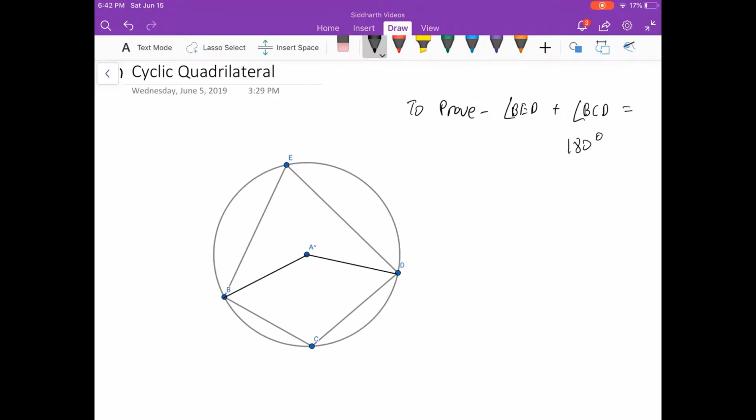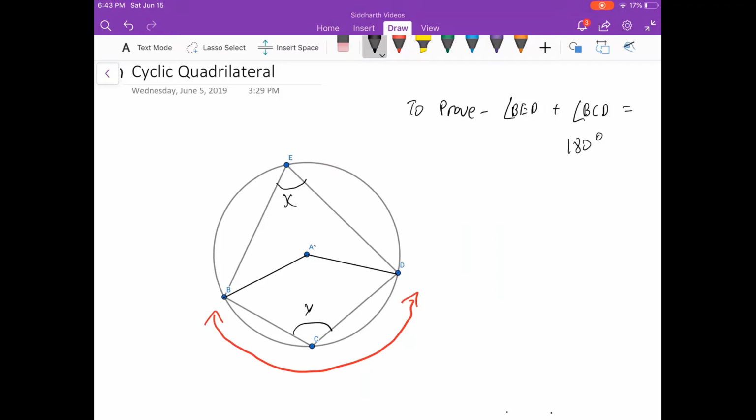As you can see, I have connected points B and A and D. Let angle BED be X and angle BCD be Y. As you can see, we have angle BAD, which is the angle at the center for the arc BD, and the same arc BD subtends the angle BED at the circumference.